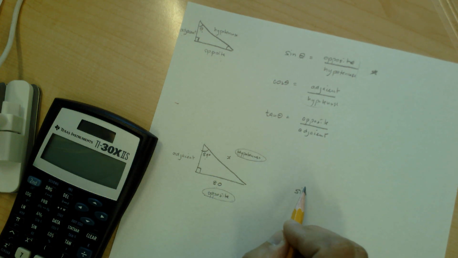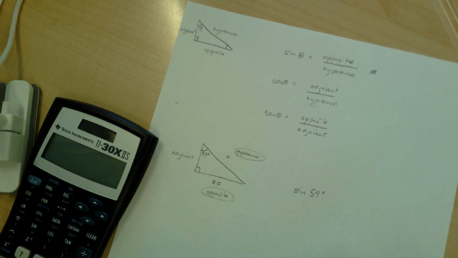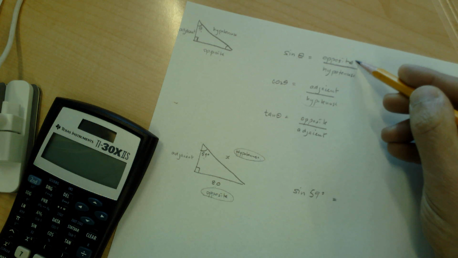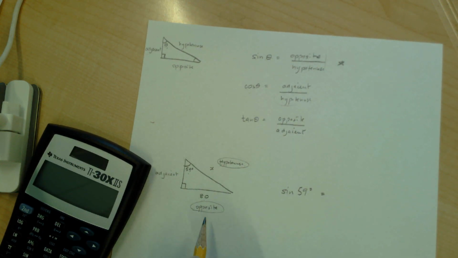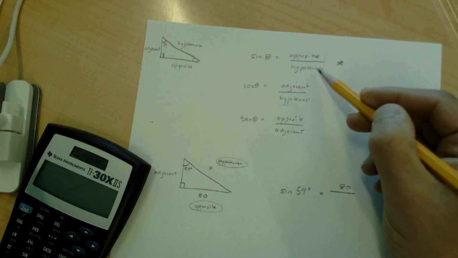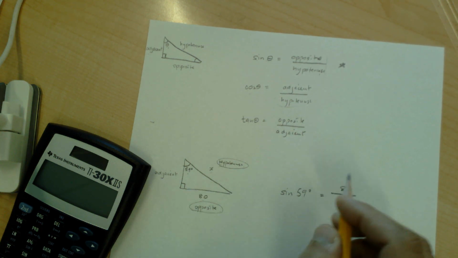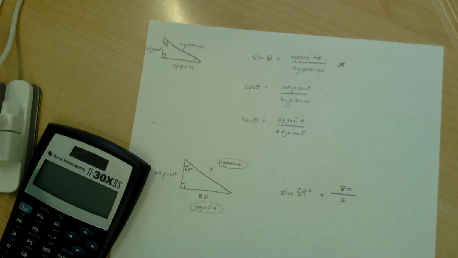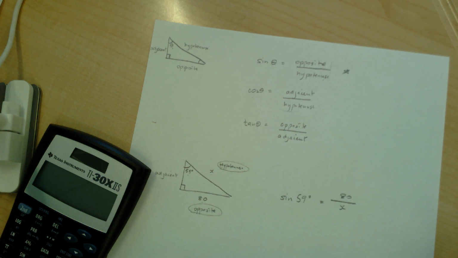So I write sine, and I know theta is the angle, and in this case the angle is 59 degrees, is equal to the opposite length, which in this case is 80, divided by the hypotenuse length. In this case, I don't have the length of this side, but I do have its variable representation, which is x.